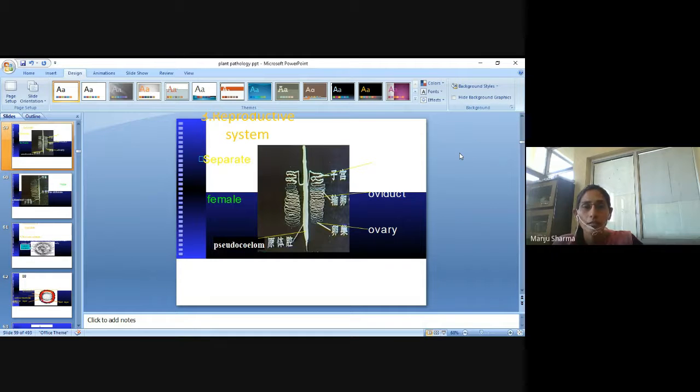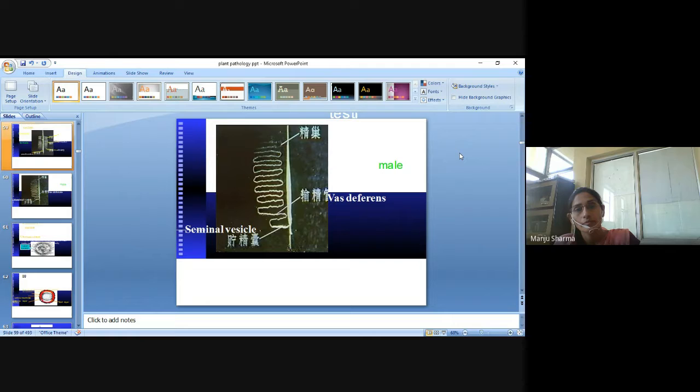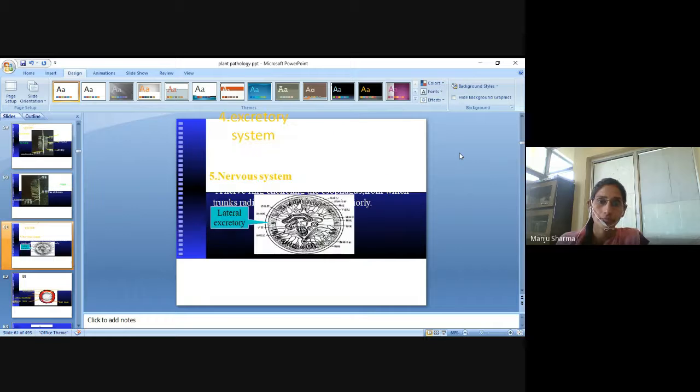In the female, the pseudocoelom is there, then ovary and oviduct are found. In the male, there are the vas deferens and seminal vesicle. Then there are the excretory system and the nervous system.